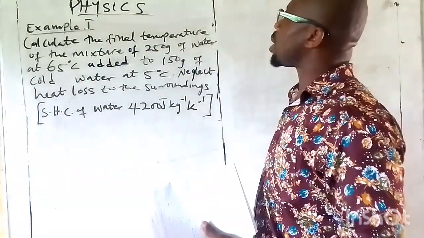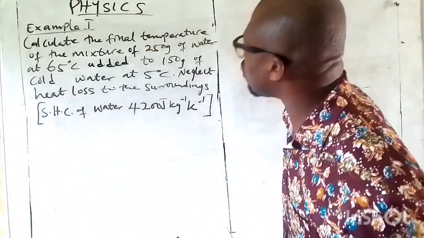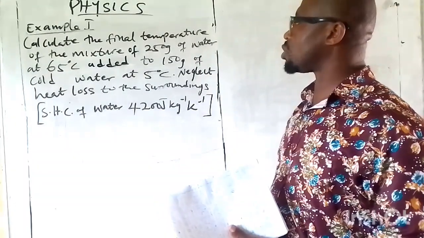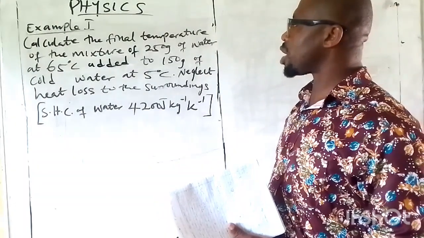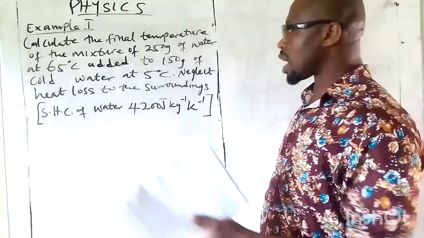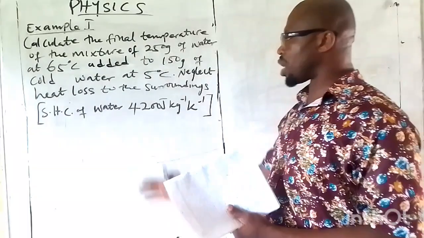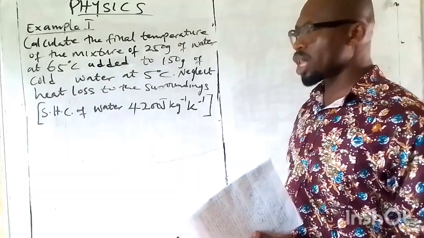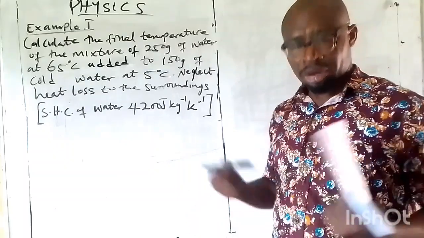Example 1. Calculate the final temperature of the mixture of 250 grams of water at 65 degrees Celsius added to 150 grams of cold water at 5 degrees Celsius. Neglect heat loss to the surroundings, and we are given that the specific heat capacity of water is 4,200 joules per kg per Kelvin.